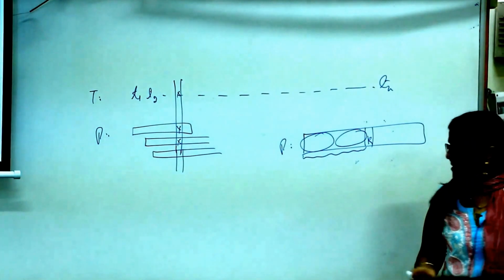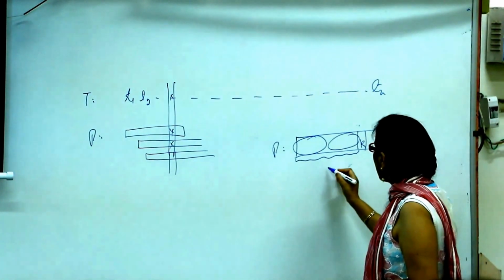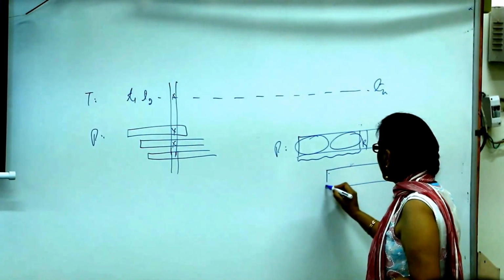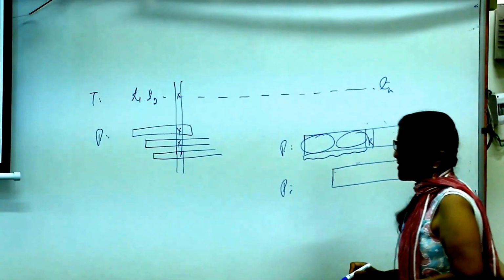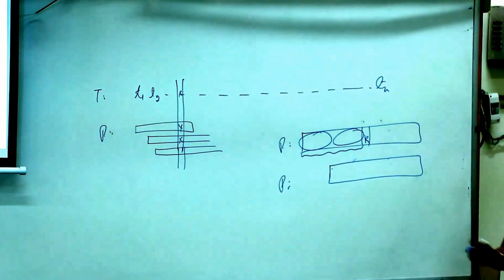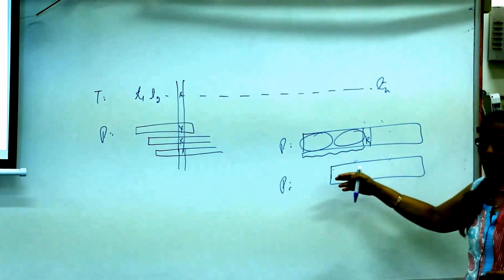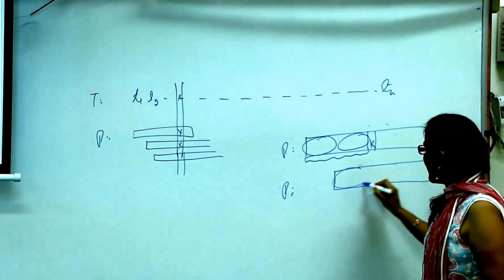Right? So basically what I am trying to see is where should I place this P over this P? I place a copy of P over this P. Earlier I was placing a copy of P over T. Now I am placing a copy of P over P. Okay? And so that these are aligned.